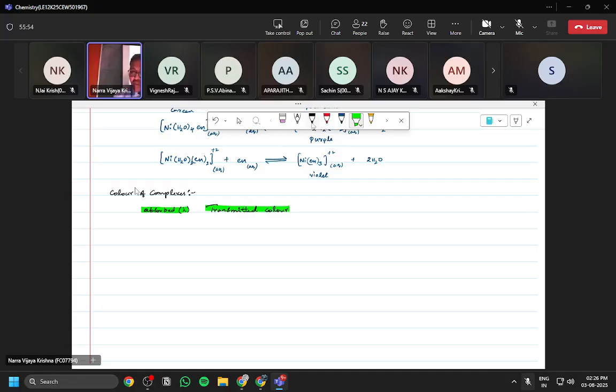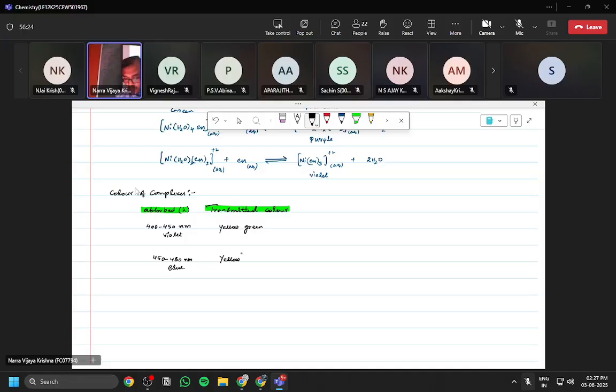If the absorbed wavelength is between 400 to 450 nanometer, that is violet, then the transmitted color will be yellow green. 450 to 480 nanometer, bluish color; what is the complementary color of blue?